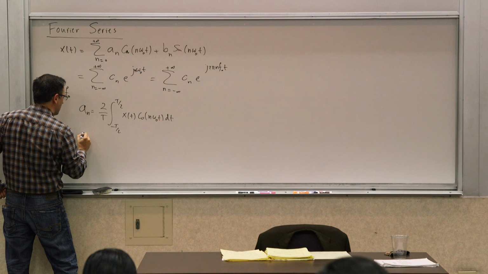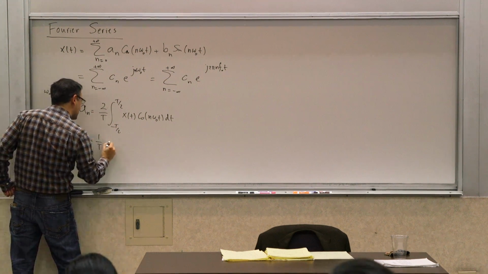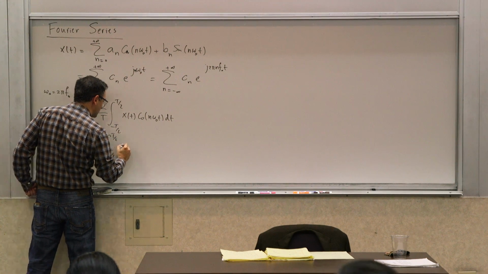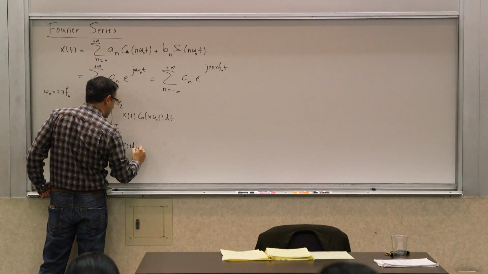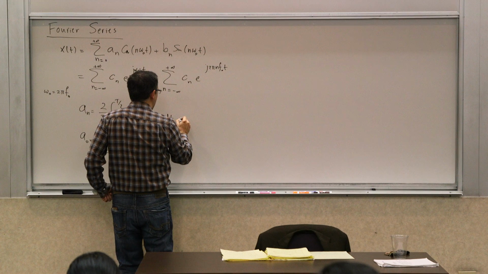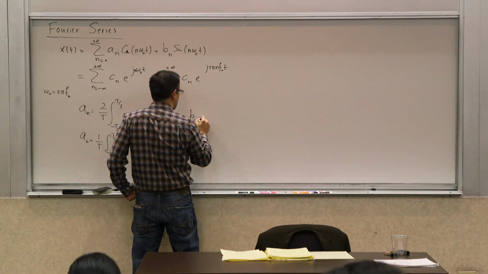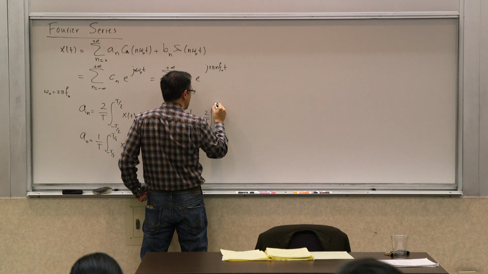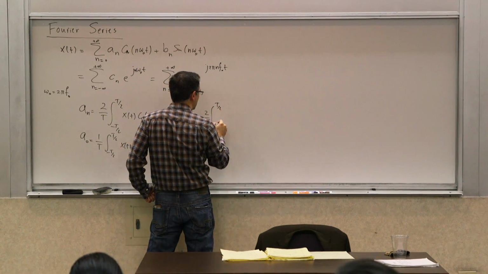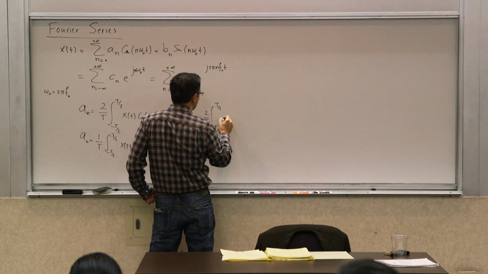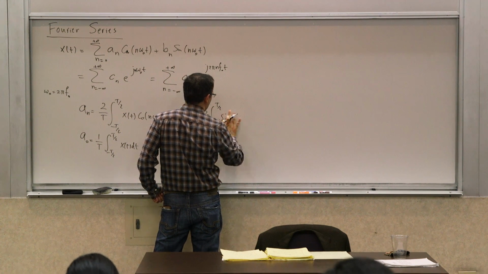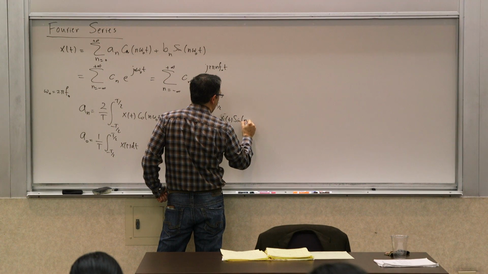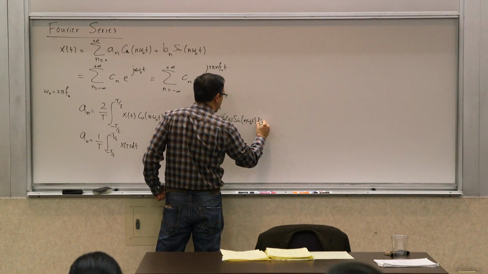So a_0 would be 1 over T, integral from negative T over 2 to T over 2 of x of t dt, which is the average of the signal. And then b_n was the similar integral, 2 over T, over one period, of x of t times sine of n omega naught t dt.